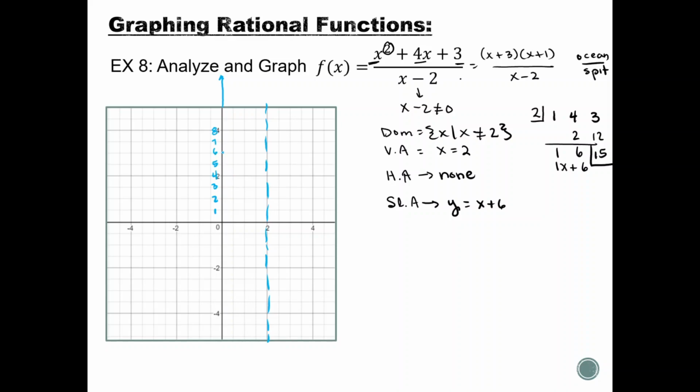Okay, so x plus 6 has a slope of 1. So the slanted asymptote is going to go like this.